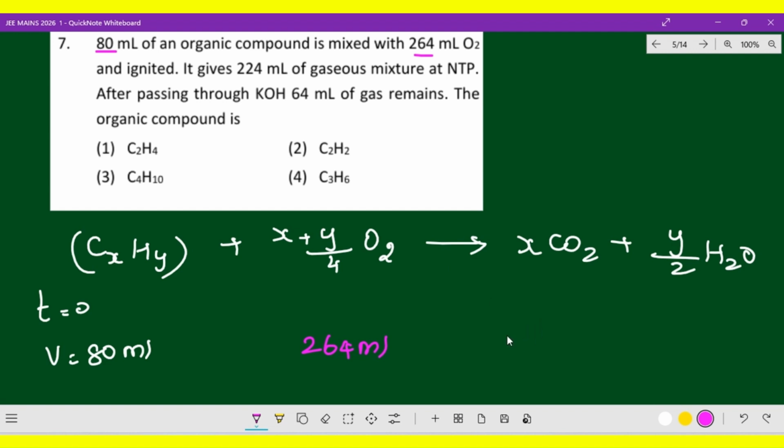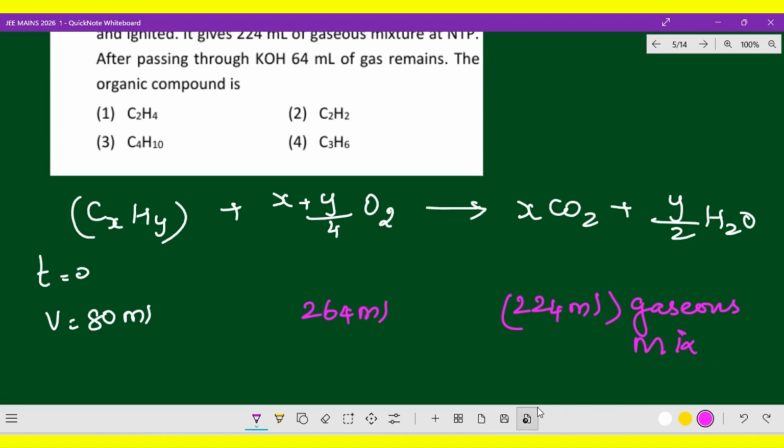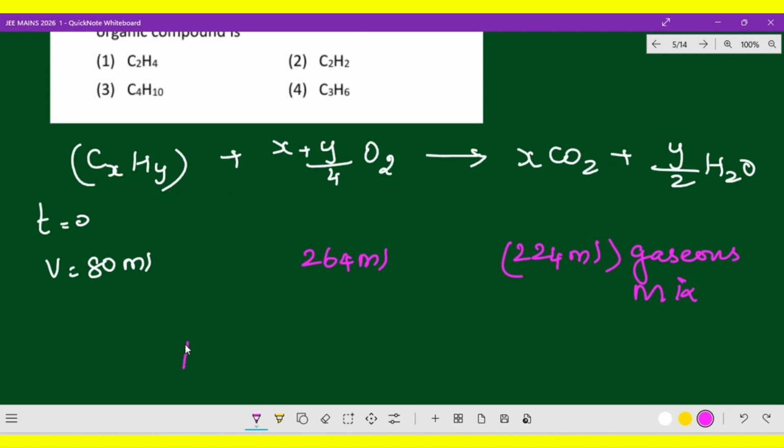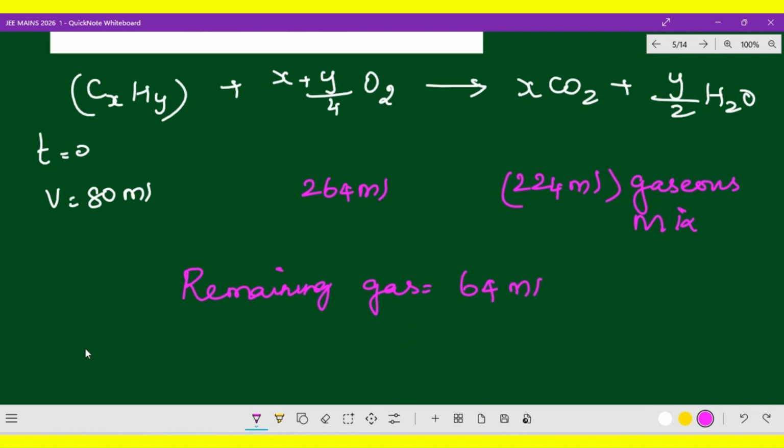Now after passing through KOH, 64 ml of gas remains. The remaining gas is 64 ml. So what is the organic compound? That is the question.